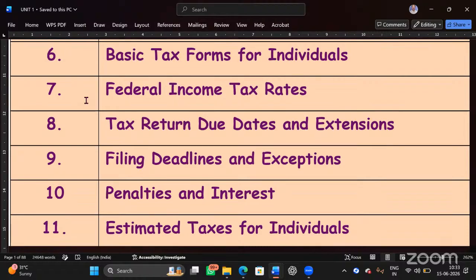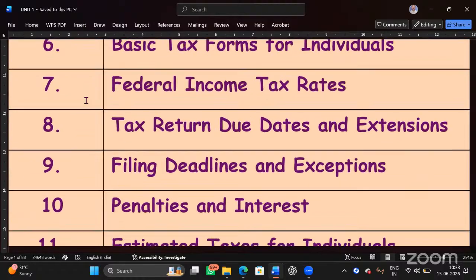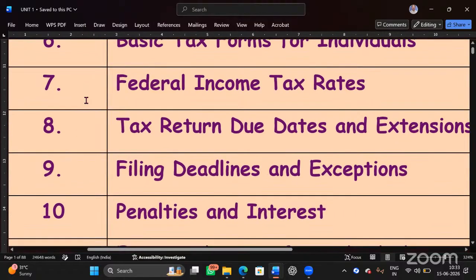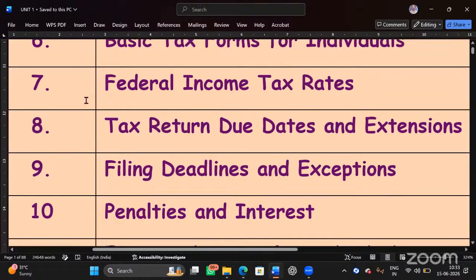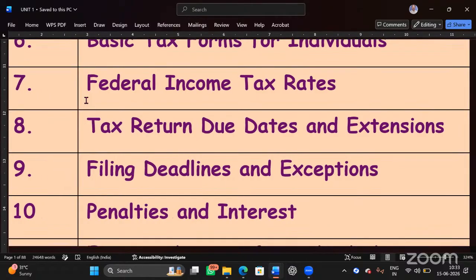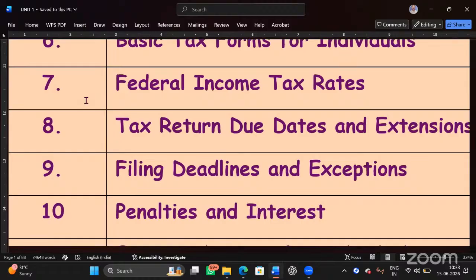Everything will be covered. If the return is not filed within the due date, what will happen? What consequences does the taxpayer have to face in the form of penalties or in the form of interest? Everything will be covered clearly in the eighth topic, tax return due dates and extensions.